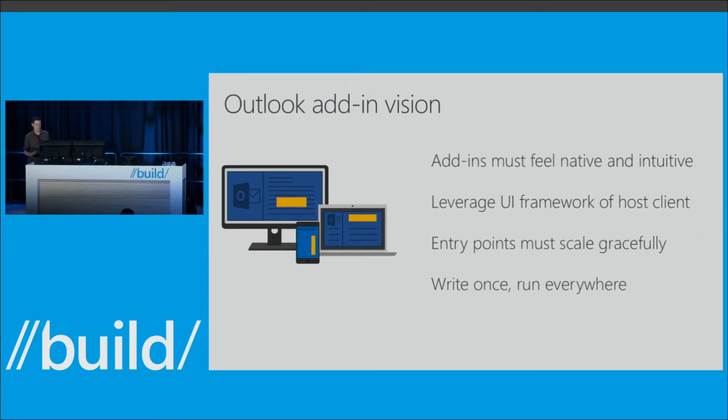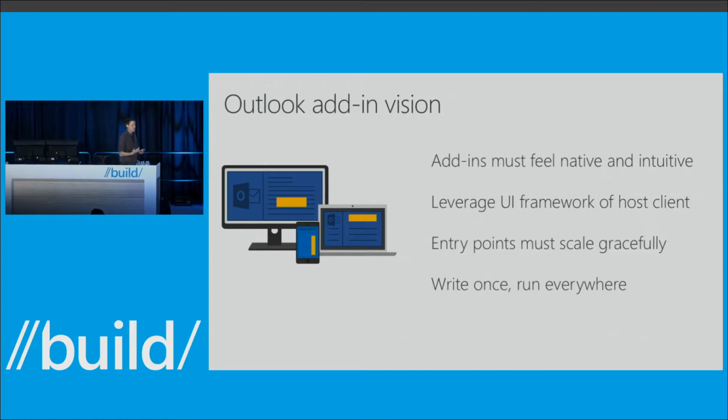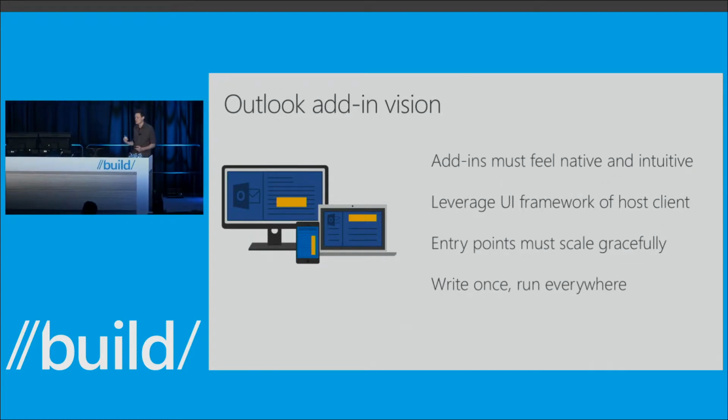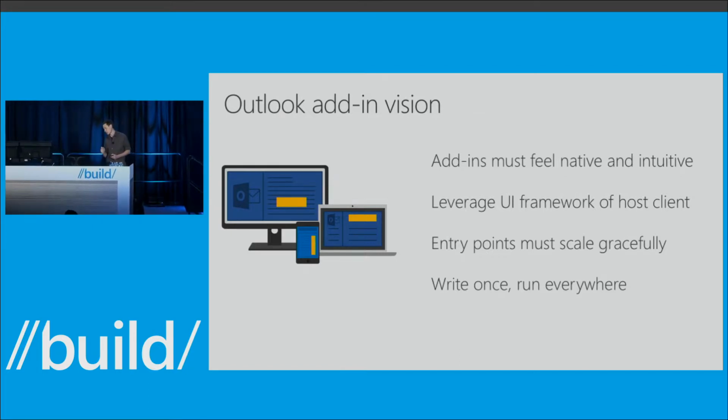Likewise, we can't have a successful platform if when the user installs 2 or 3 or 5 add-ins, he can only find 2 of them and then the other ones are hidden somewhere. And we also can't have a successful platform if when a user installs 2 or 3 add-ins, they all collide with each other and they break each other. And this happens every 3 weeks. That's just not going to be a successful platform. So the entry points have to scale gracefully and they have to be discoverable and noticeable.